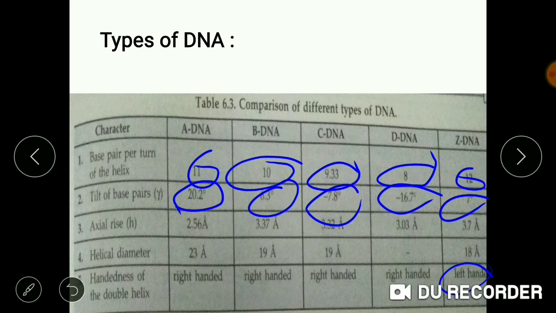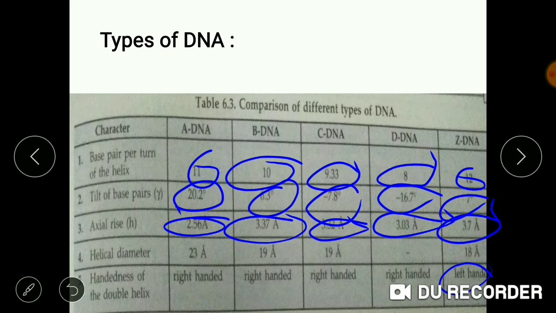The axial rise, the height, is 2.56 angstrom in case of A-DNA, 3.37 angstrom in case of B-DNA, 3.32 angstrom in case of C-DNA, 3.03 angstrom in case of D-DNA, and 3.7 angstrom in case of Z-DNA.